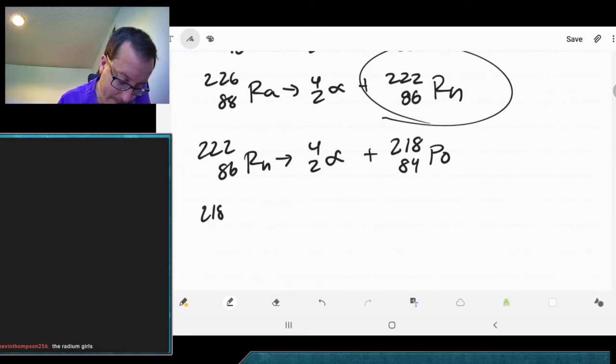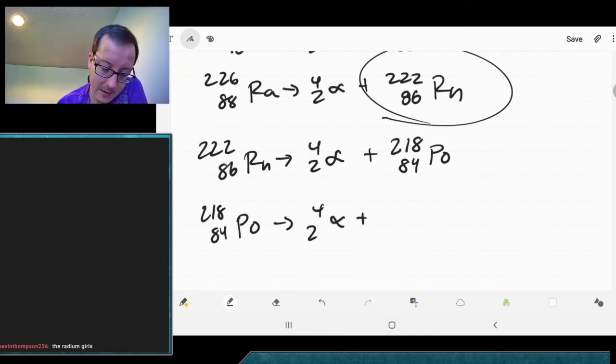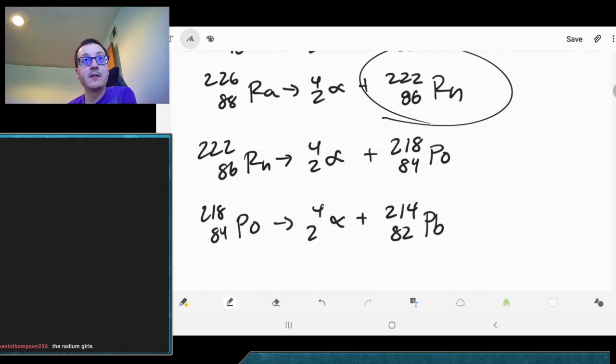After the polonium, we do our second to last alpha decay. This one gives us lead, and it'll be lead-214. But that's not the lead we're going to stop with.